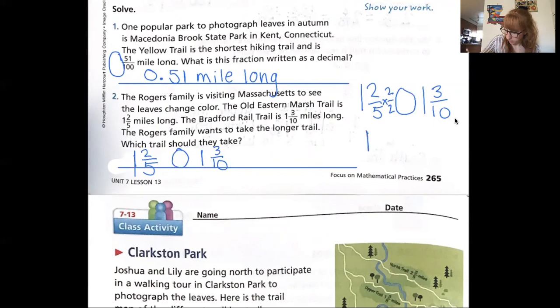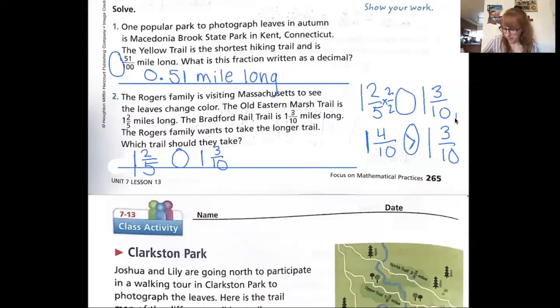So my whole number stays the same. 2 times 2 is 4, and 5 times 2 is 10. So I have 4 tenths. And then I'm going to compare that with 1 3/10. I don't need to change this fraction because it's already tenths, so it remains the same. Now I can compare 1 4/10 with 1 3/10, and I know that 1 4/10 is greater than 1 3/10.